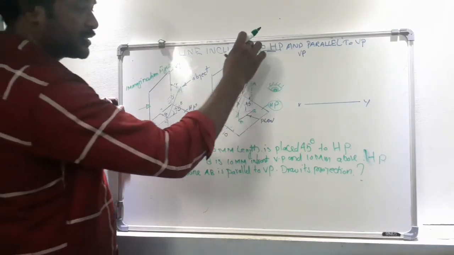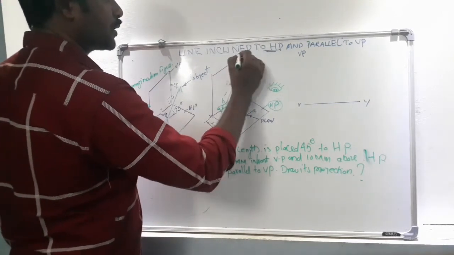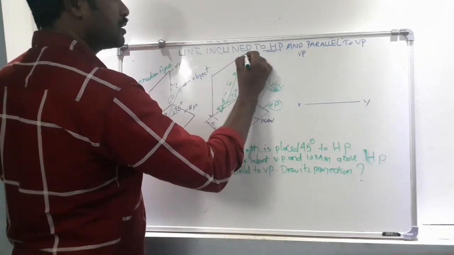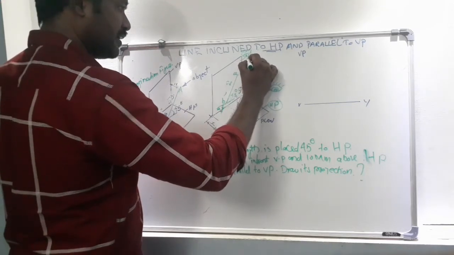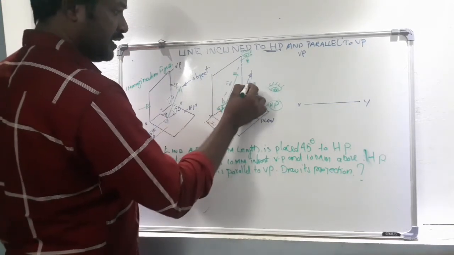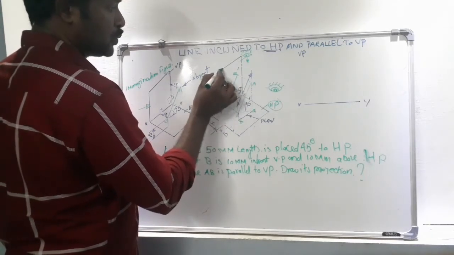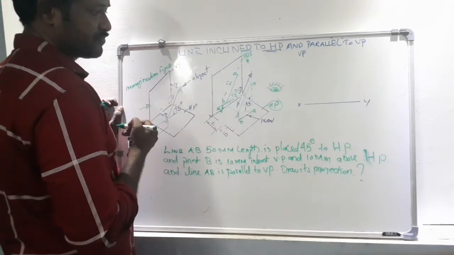Next, we have to project its plan. For projecting its plan, the observer comes to the top side. Looking from here, he can definitely see that the line AB is placed parallel with respect to the vertical plane, keeping 10 mm distance.